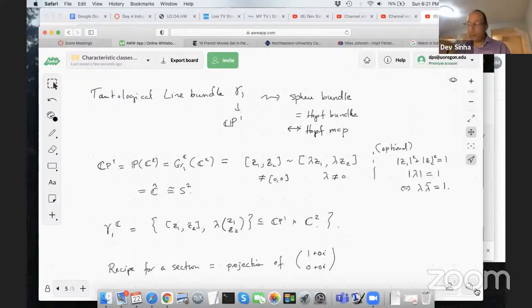So that's the recipe that we've been giving. And well, what do you mean by projection? It's orthogonal. It's really unitary projection, if you will. Sometimes you still see people call that orthogonal. That's fine.